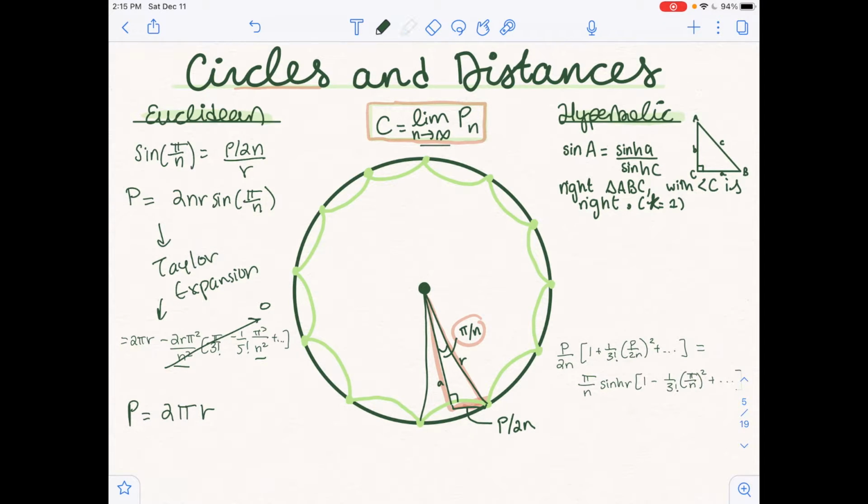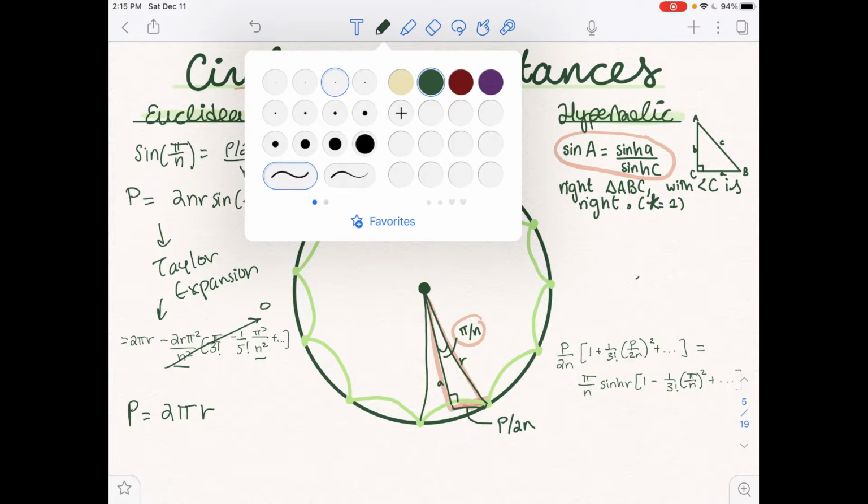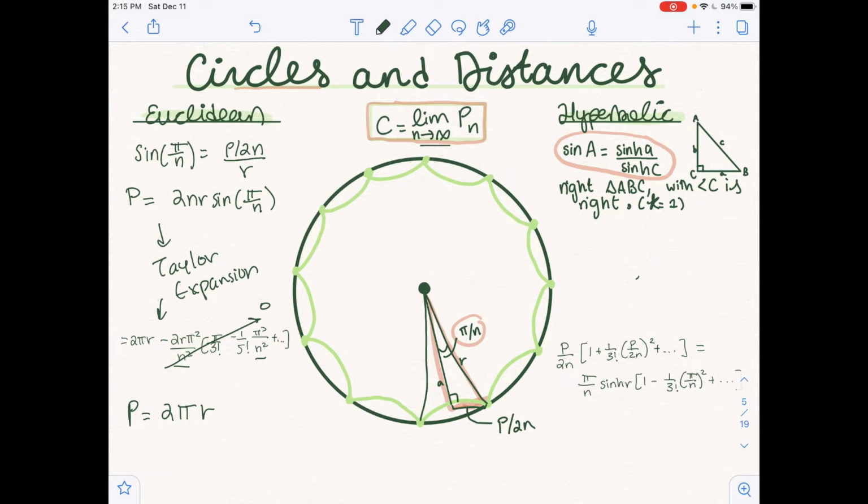Now, in the case of hyperbolic geometry, we're going to have to make use of the following definition, where the sine of some capital angle A is equal to sinh a over sinh C. In our case, we're again going to use the fact that our A is pi over n, so our sinh a is p over 2n, and our sinh C is sinh r.